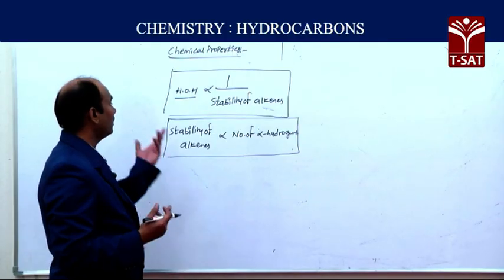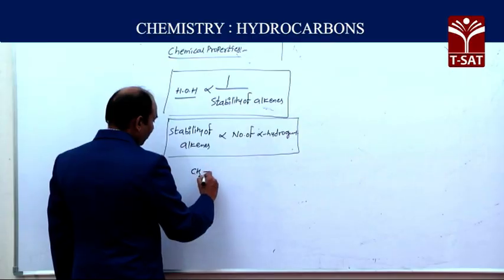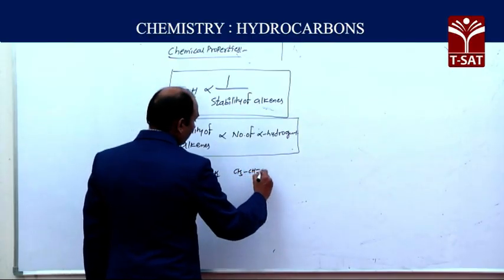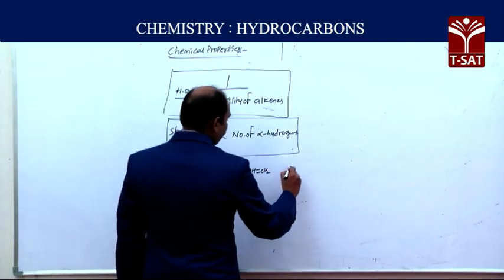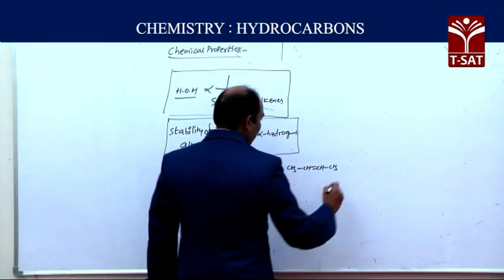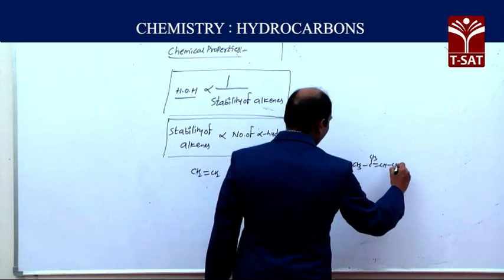The more stable the alkene, the less the heat of hydrogenation. Let us discuss one example: CH2=CH2, CH3-CH=CH2, CH3-CH=CH-CH3, and (CH3)2C=CH-CH3.